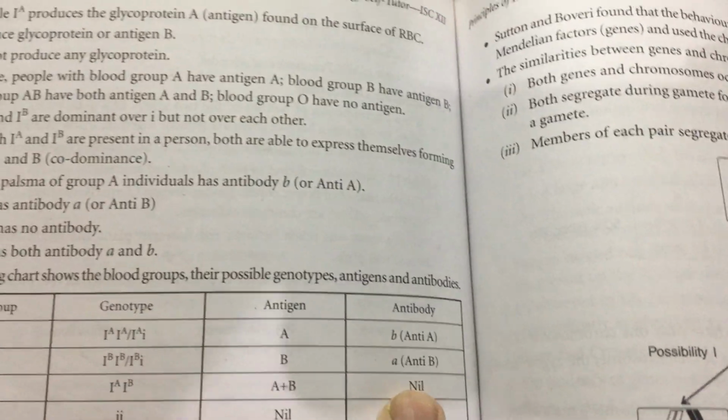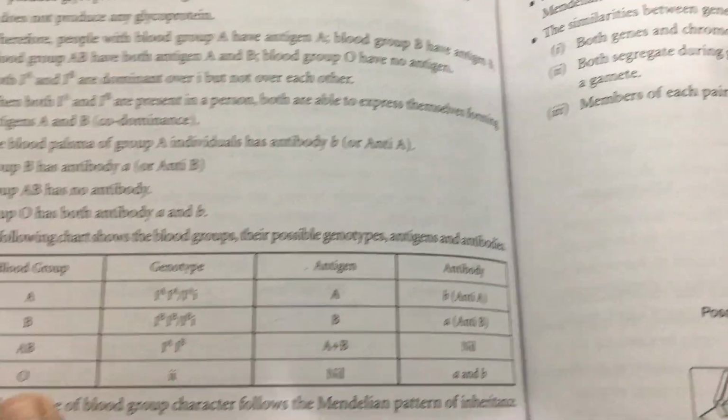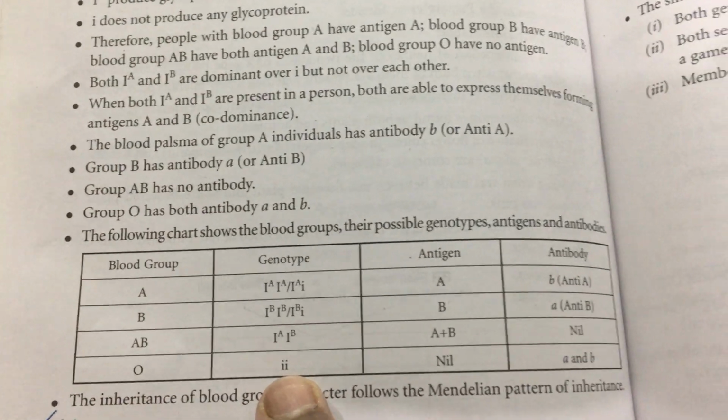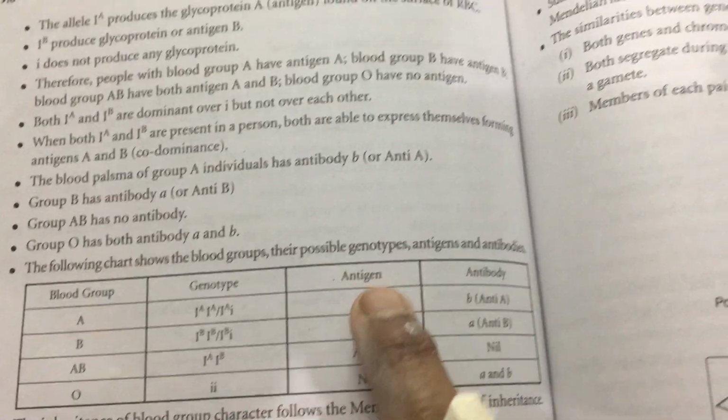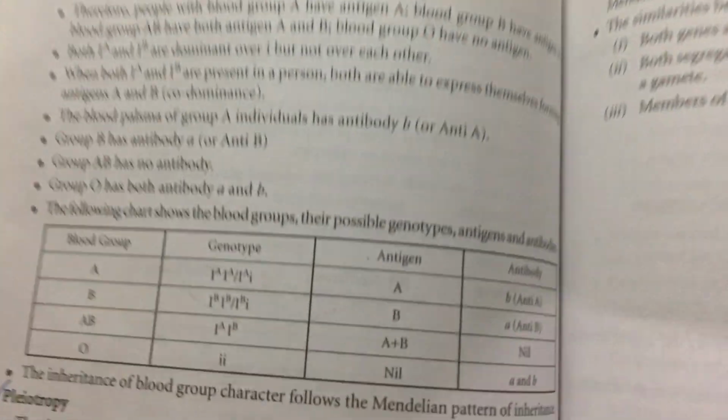That is why it can receive from all the other blood groups. O has only genotype I0 I0, no antigen, but antibodies, soldiers are present for A blood group and B. It can give to everyone, but it cannot receive from anyone.